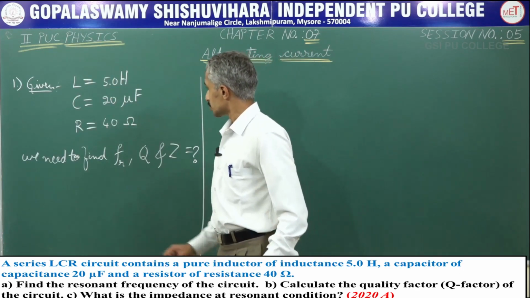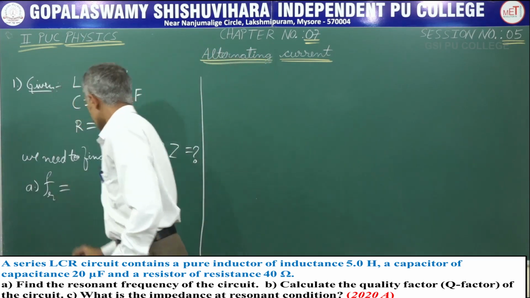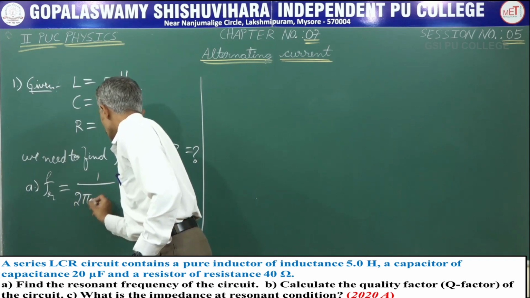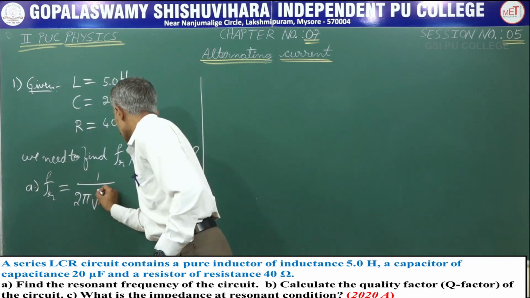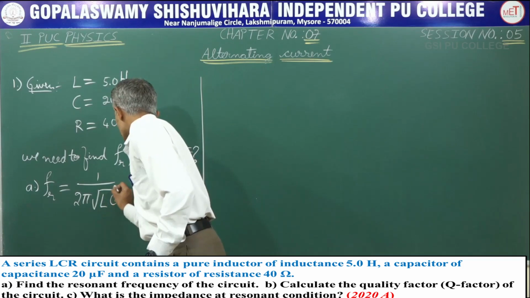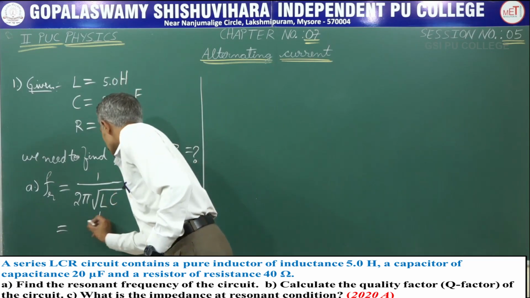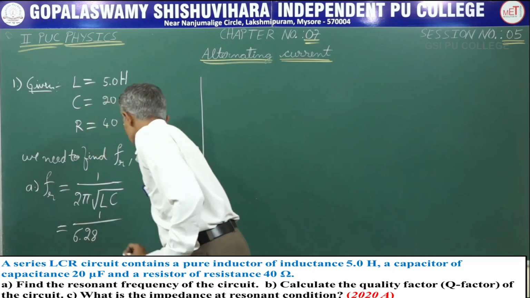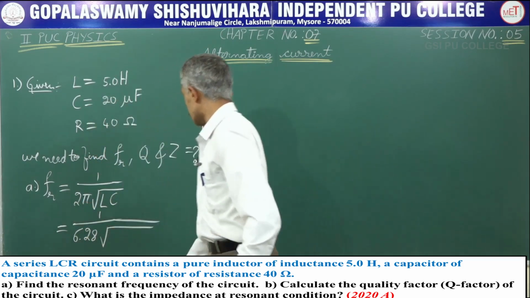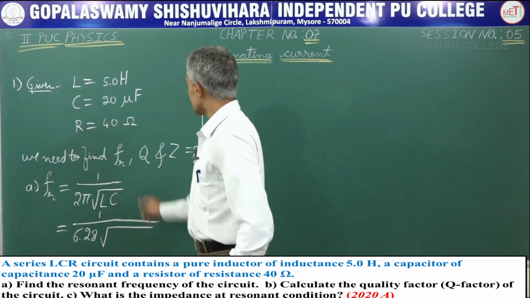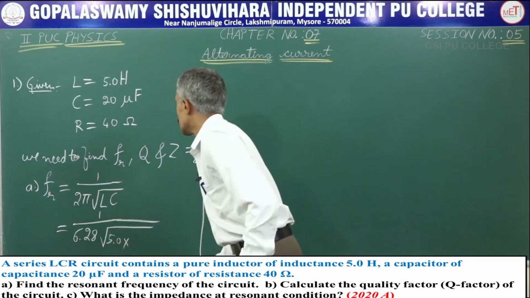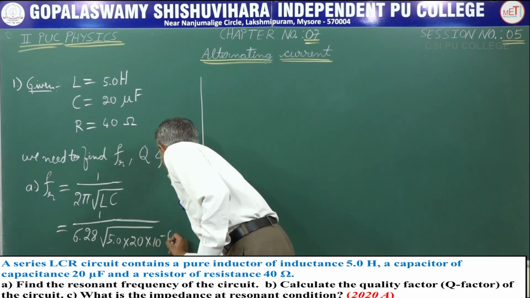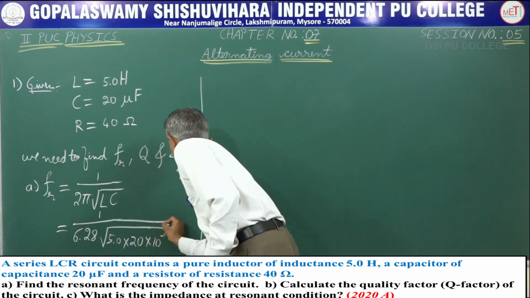First thing, the resonant frequency. The formula for resonant frequency is 1 divided by 2 pi root LC. So 1 divided by 2 pi, I will get this as 1 divided by 6.28. 2 into pi is 6.28, and L into C. What is L? 5.0. C is 20 microfarad, so 20 into 10 to power of minus 6.